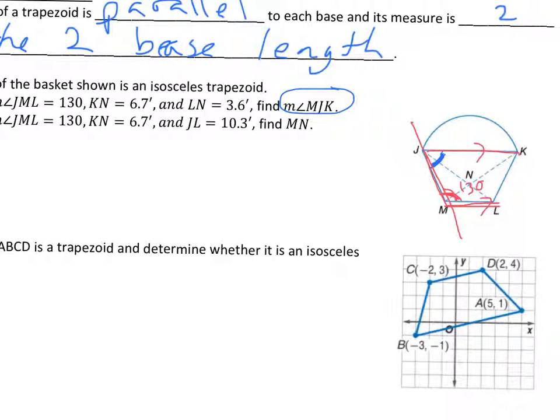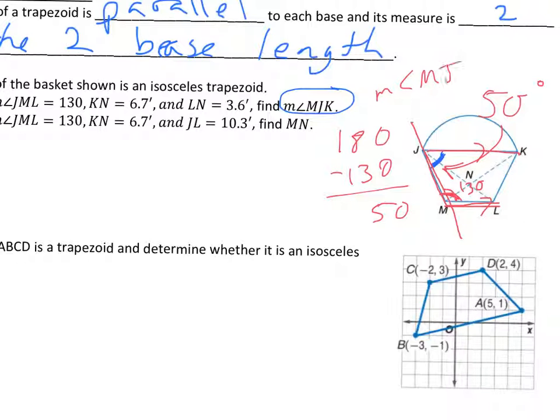So those two angles are going to be supplementary. So we can take 180, subtract 130, and get 50, which means that angle, MJK, is 50 degrees. So consecutive angles are supplementary when we're talking about the two base angles that are not congruent.